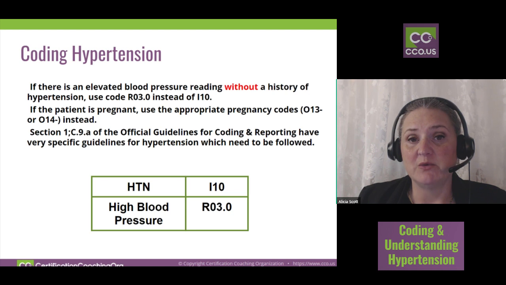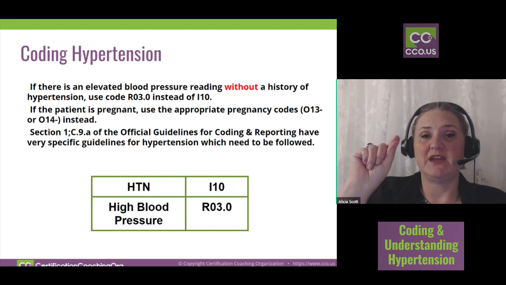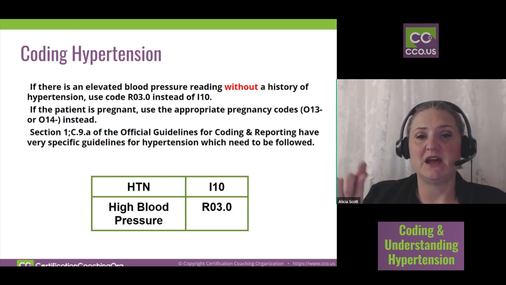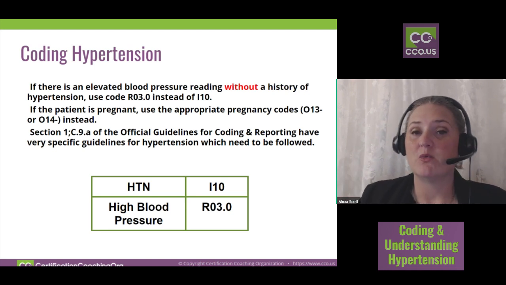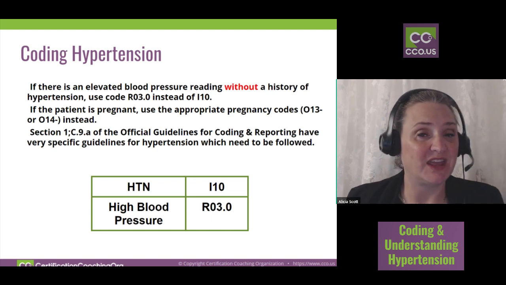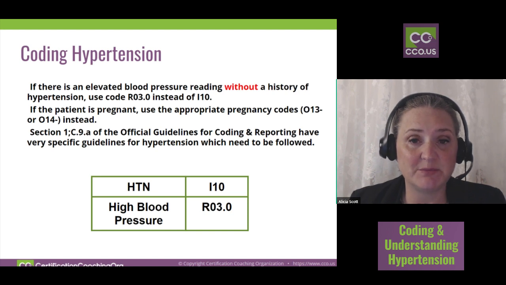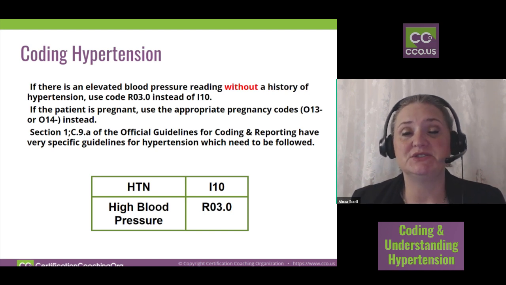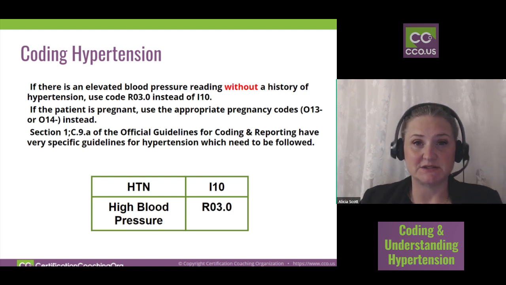Therefore, I would write in my notebook R03.0, elevated blood pressure. And then I would write I-10, high blood pressure. Okay, what constitutes one from the other? The word elevated versus high, or the patient just doesn't have a history of hypertension. Once you get hypertension, it doesn't go away unless it's related to something else.